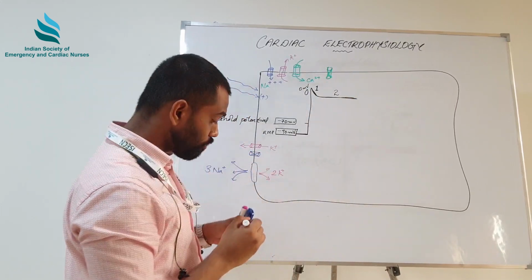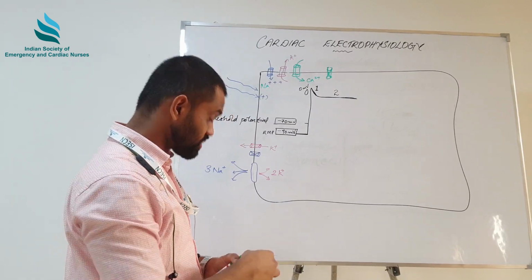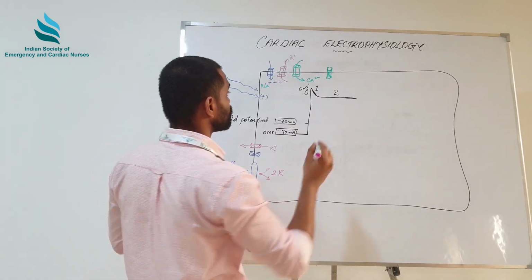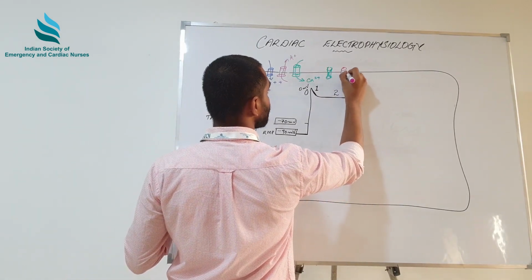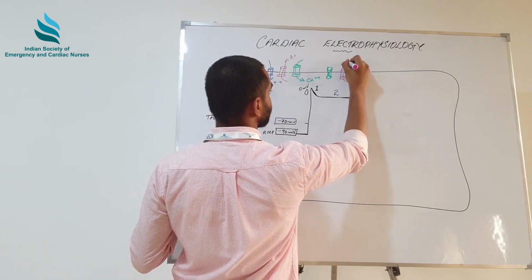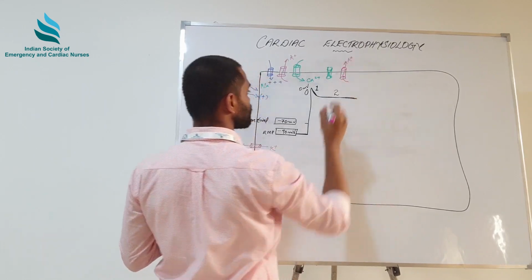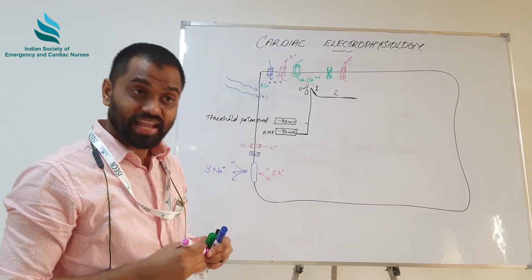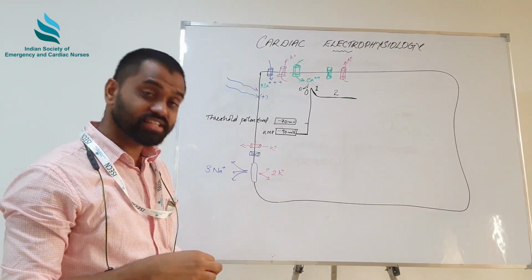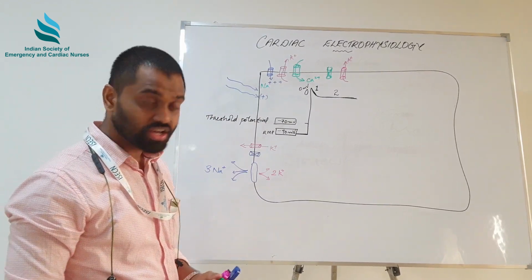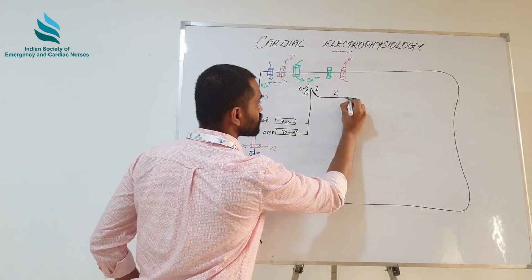There is no more calcium coming into the cell, but at the same time the potassium channels remain open, so the cell continues to lose potassium, so that the electrical potential inside the cell in phase 3 of action potential starts to dip.